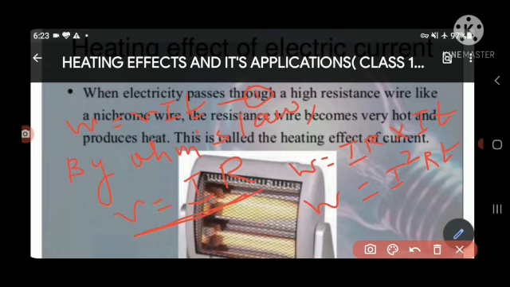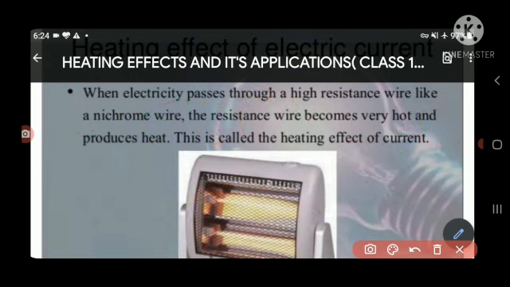Now, according to work-energy equivalence, work done is equal to energy, and here the energy is nothing but the heat energy, which can be expressed as H. So H is equal to I square RT, and that is the mathematical expression of heat produced.